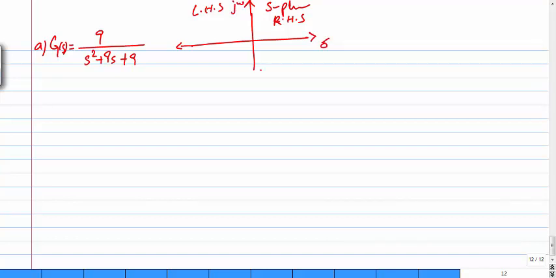Now if I calculate the roots for this, the roots come out to be, first one is minus 1.146 and second one is minus 7.854. So you know how to calculate the roots.